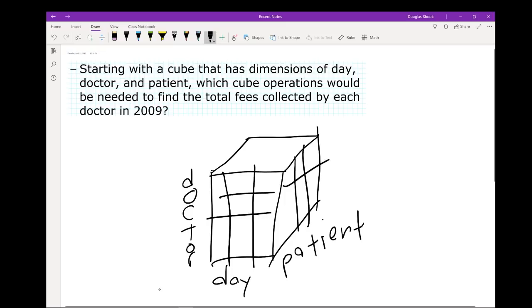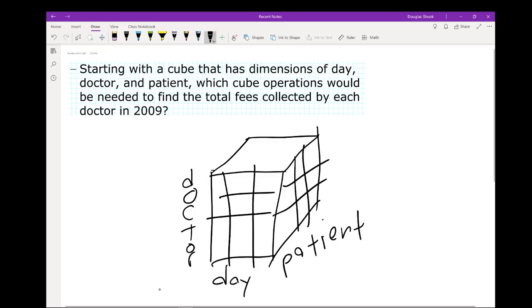But you can imagine that across this vector, I would have one row for each doctor in my database. Across the day, I would have one row for each date, right? Across the patient, I'd have one row for each patient. So the question then is, all right, starting from here, what cube operations do I need to answer this question? Anybody have any ideas about that?